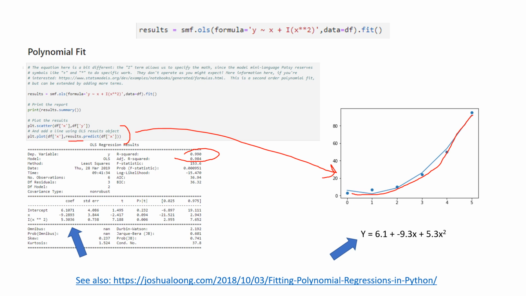When I said that when you get results back, here we're just looking at the results summary, but that results object is actually quite powerful. Here we're using that results object to create y values from our x values. I don't want to get too far into the weeds here, but this results object has a lot of stuff in it that you may find useful.